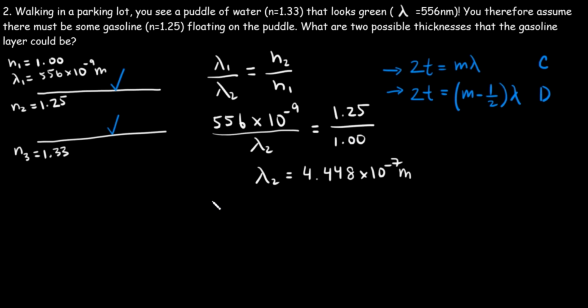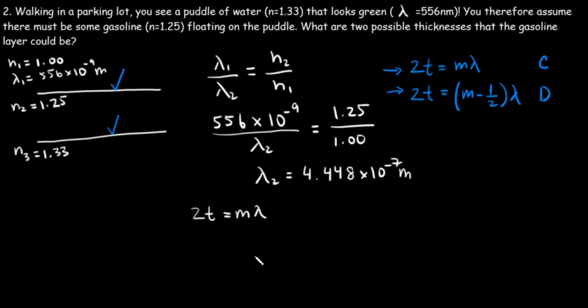So that means we're going to use the formula 2t equals m lambda, since it's asking for the 2 possible thicknesses. What are 2 possible thicknesses?